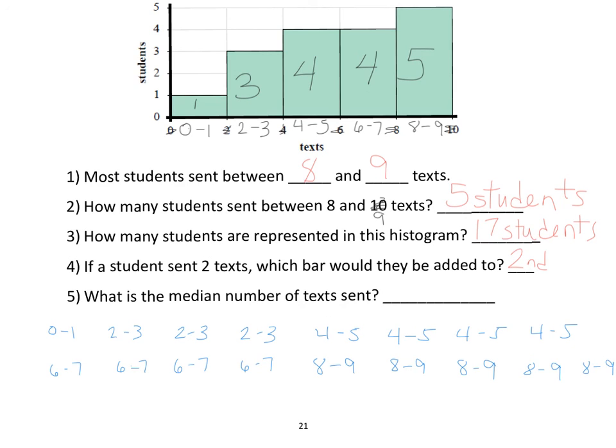And we can go through and see where the median interval is going to be. And we find out that, in fact, the median number is 6 to 7 texts.